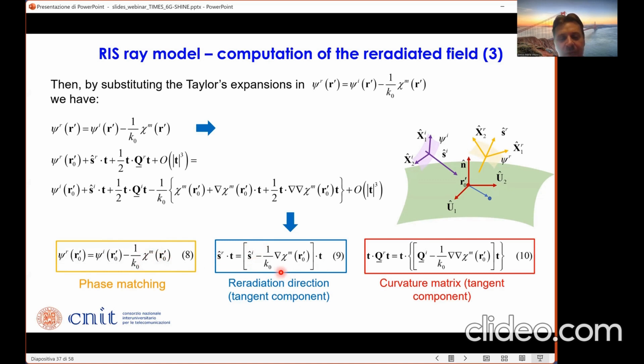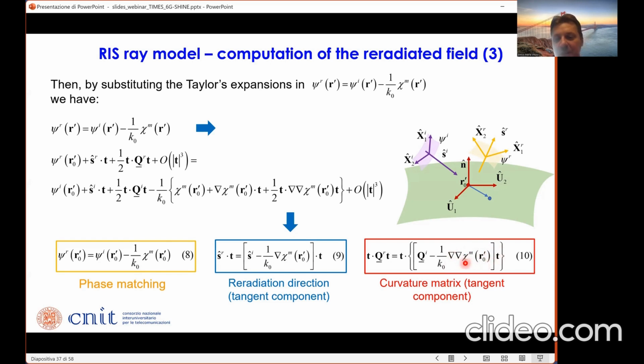In particular, the first order balance equation gives you the tangent component of the locally radiated wave direction, while the last one on the right gives you this expression which relates the curvature matrix of the reflected wave to the curvature matrix of the incident wave and to the second order derivative of the phase modulation imposed by the RIS, which is this nabla Km.